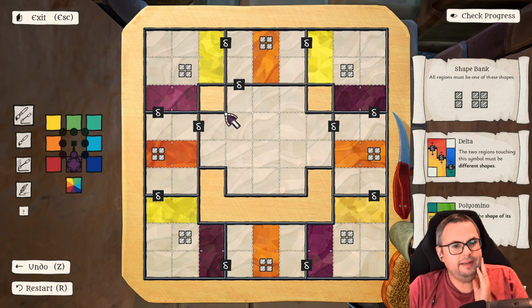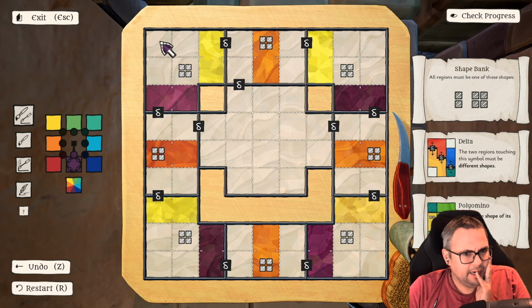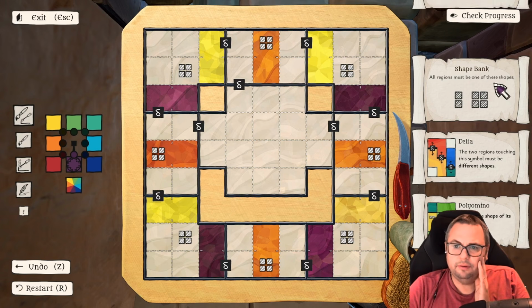And that, funnily enough, means these are always connected. Wait. No, sorry, that's not true. But I think all of that's true.